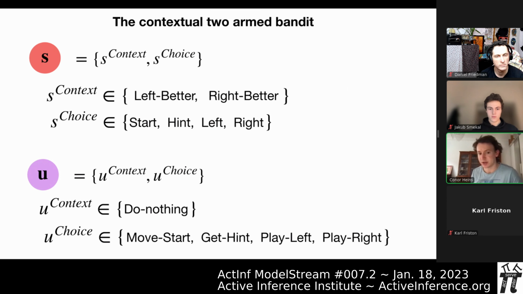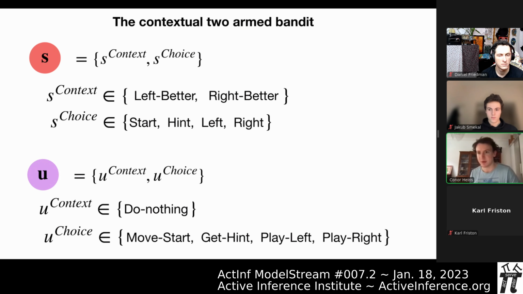And then the choice control state has 4 levels corresponding to the decision to change the S choice, the hidden state factor for the choice state, in one of 4 different ways. Either it can move to the start location, it can move to the hint location, it can play the left machine, or it can play the right machine. So what choice state the agent is in is obviously under the agent's control, which is encoded by the fact that this U choice variable has 4 levels.